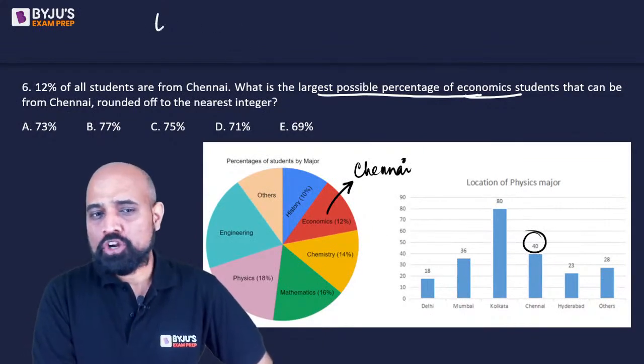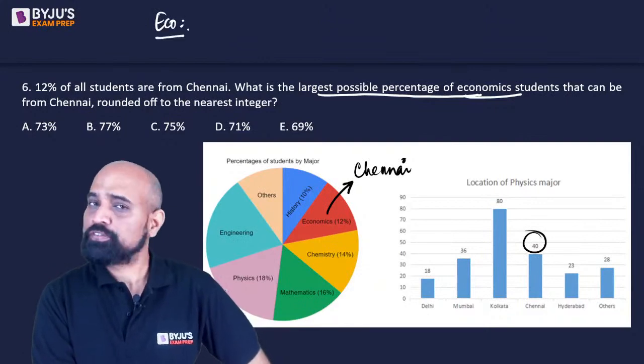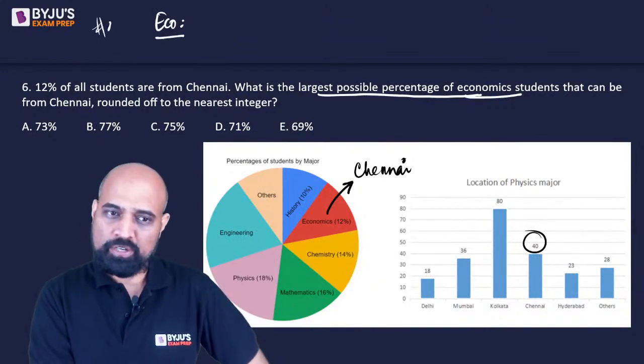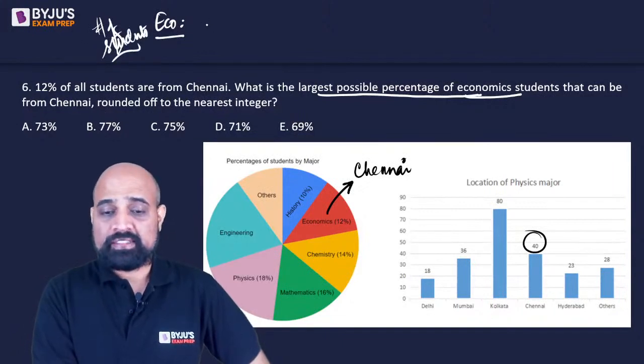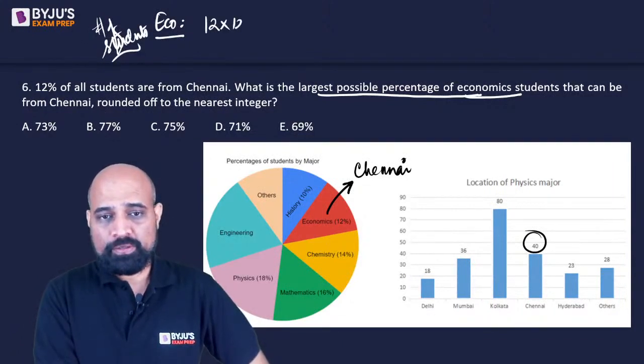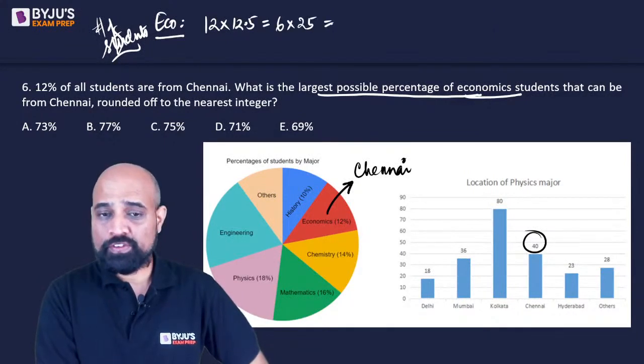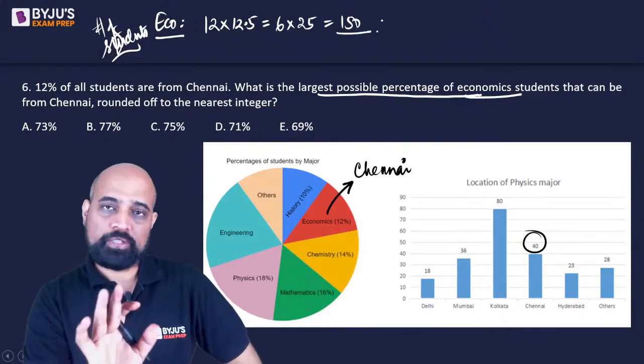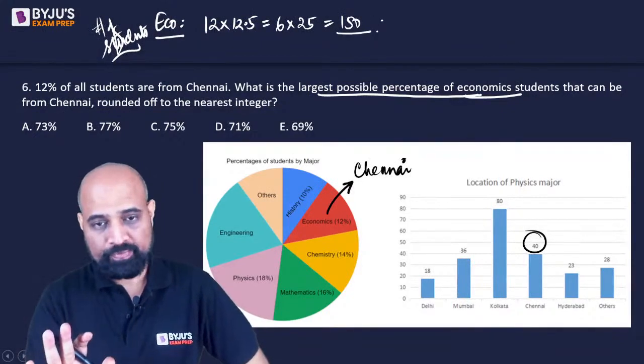So how many economic students do we have? Let's find out that. Okay, so this is number of students in economics major. This is 12 into 12.5, which is 6 into 25, which is 150. So total 150 students economics major में हैं.